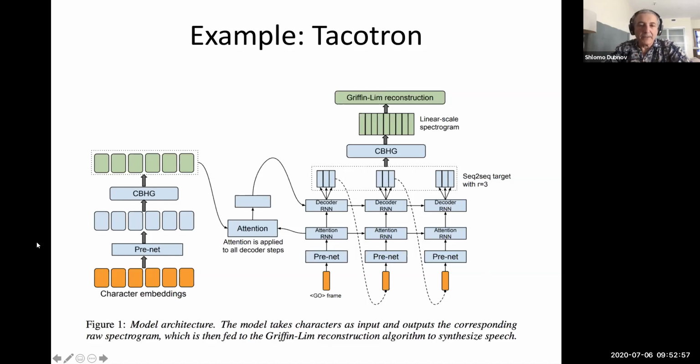We didn't cover them yet, but this is basically a sequence-to-sequence model with attention that maps a sequence of symbols to a sequence of spectral frames, really. This is the output, and this is how we actually train it. We train it end-to-end from sequences of text and spoken spectrograms of that text being pronounced by somebody.